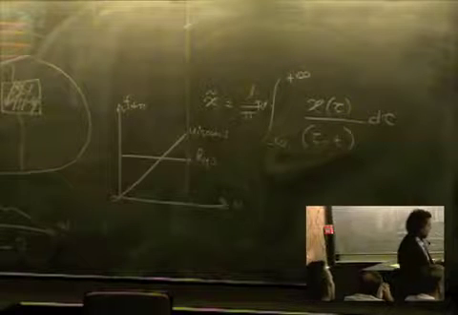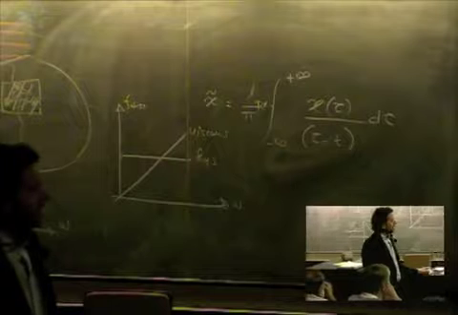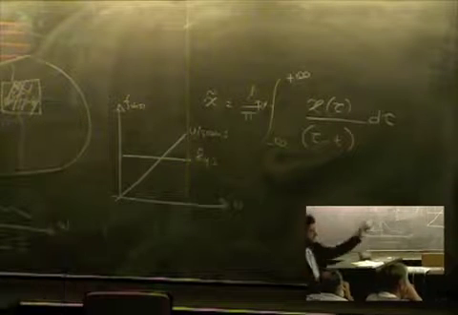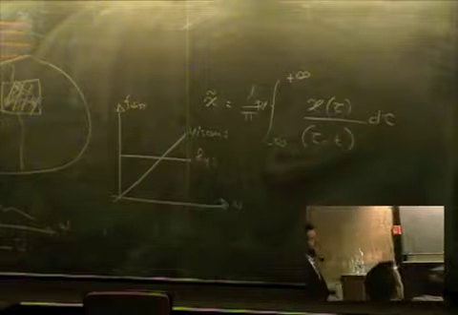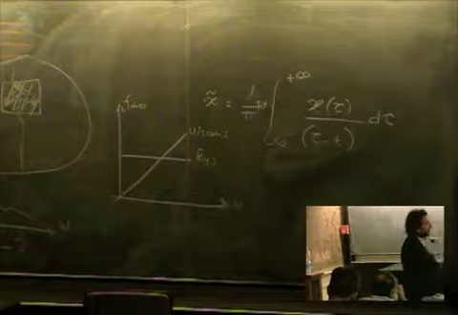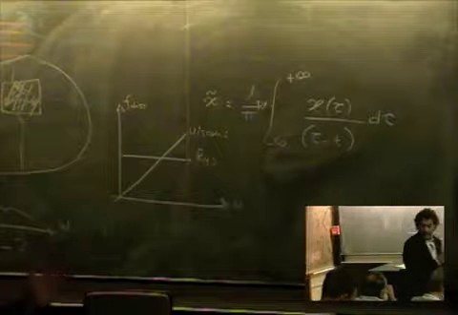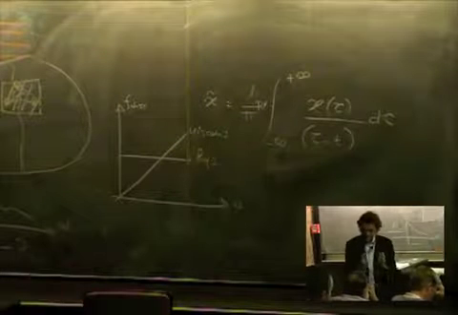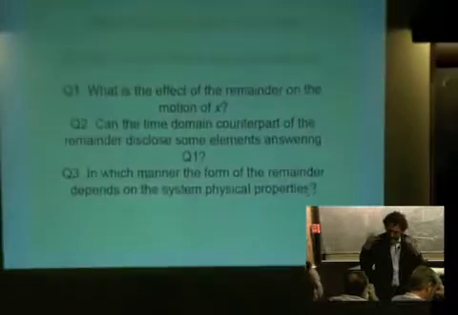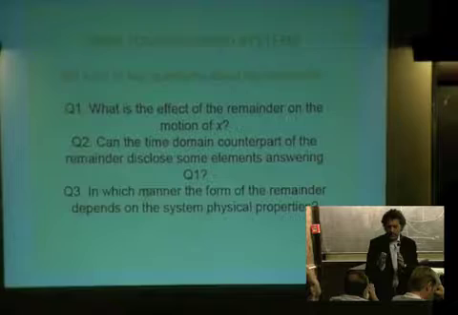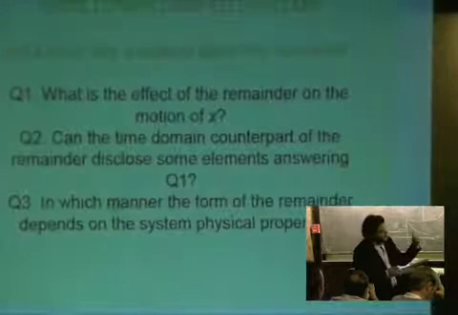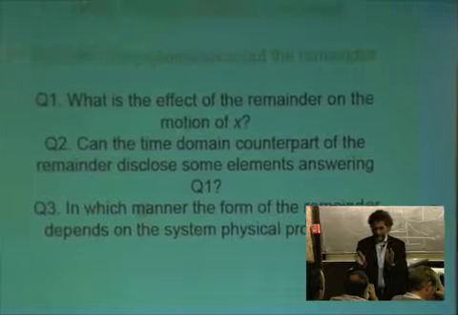So one can ask at this point several embarrassing questions. Let me put a list of key questions about the remainder. The question Q1: what is the effect of the remainder term on the motion of x? We neglected it, but it may well be that it has an effect. So in some sense we can suppose, starting from your previous remark, that we are dealing with a finite system.